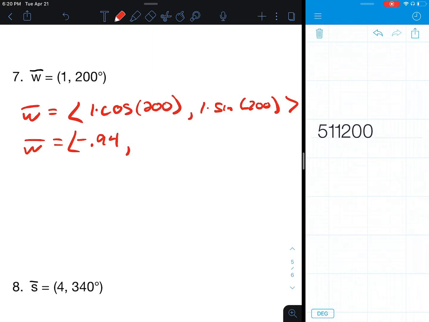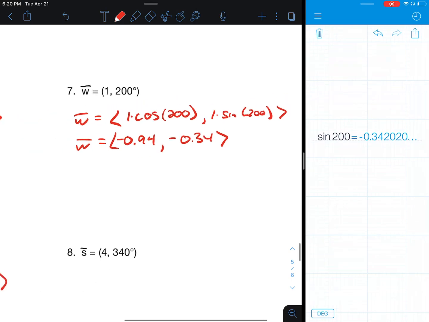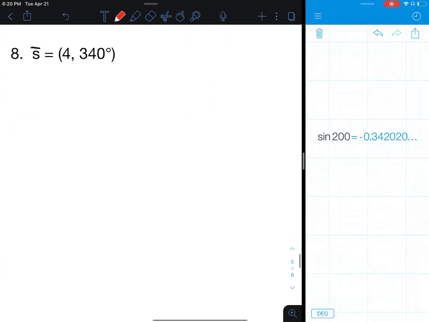Sine of 200 is negative 0.34. All right, last one.